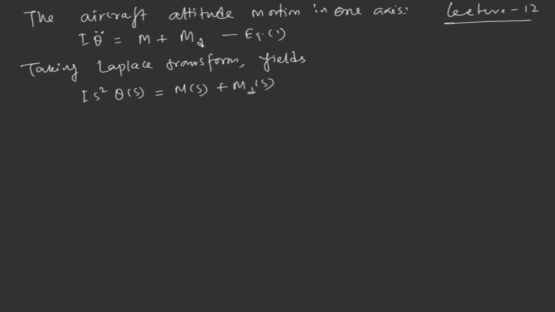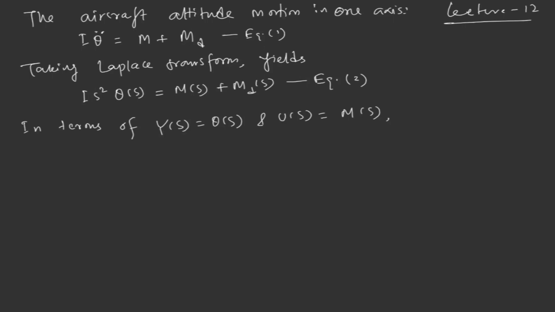In terms of the control variables y of t and u of t, if you write it in that form, we can write y of s equal to theta of s and u of s equal to M(s). Let's write this as equation number 2. Here the initial conditions are assumed to be 0.